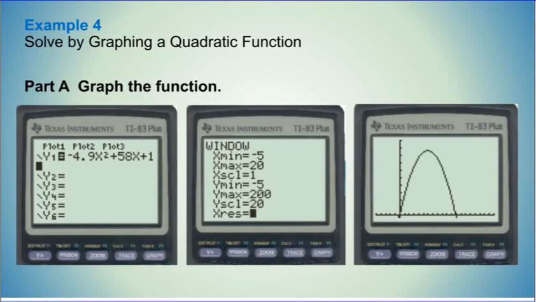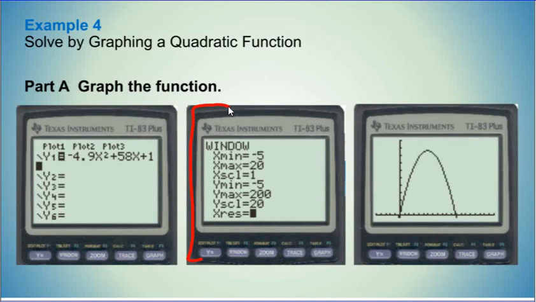To do this, we're going to put it into our calculator. You go y equals -4.9x squared plus 58x plus 1. Then we're going to change our window settings, which you can see in this middle box. I chose a minimum of -5 just because I need to see a little bit below.